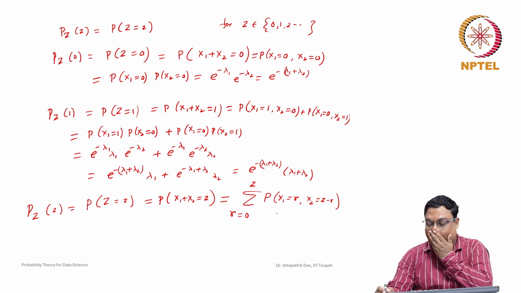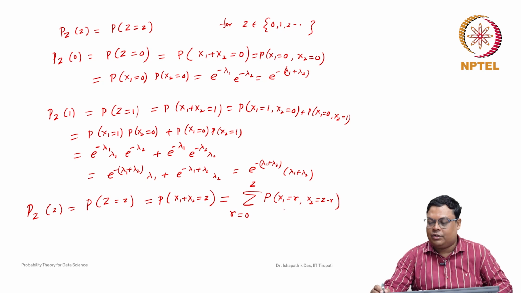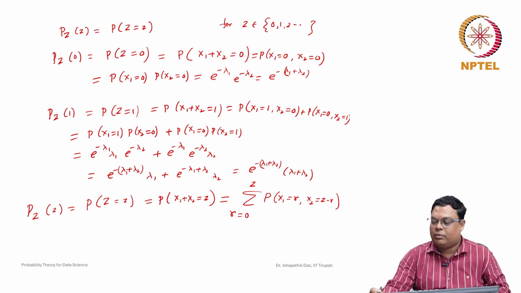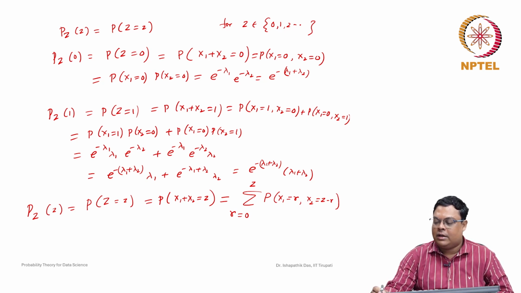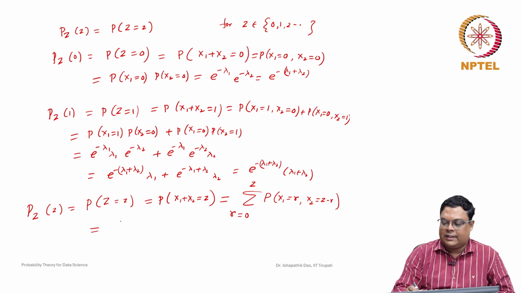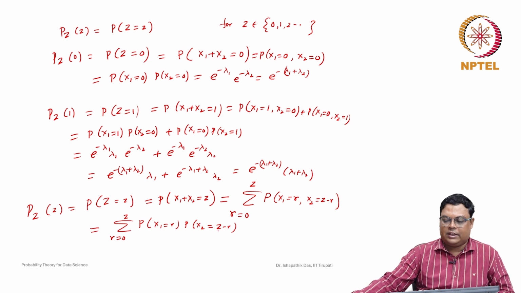So if r is equal to 0, x1 is 0, then x2 has to be z. If r is equal to 1, then x1 is 1, then x2 will be z minus 1, then only the sum will be z. So this is the general form we can find out. Then summation r is equal to 0 to z, probability that x1 is equal to r, and because they are independent we can write probability that x2 is equal to z minus r.